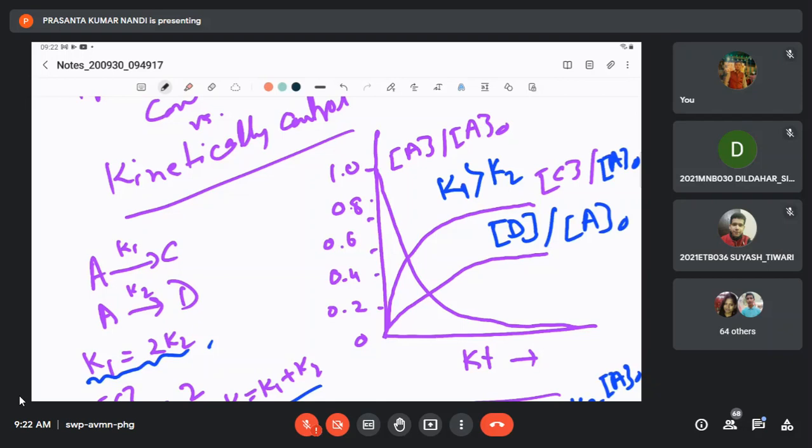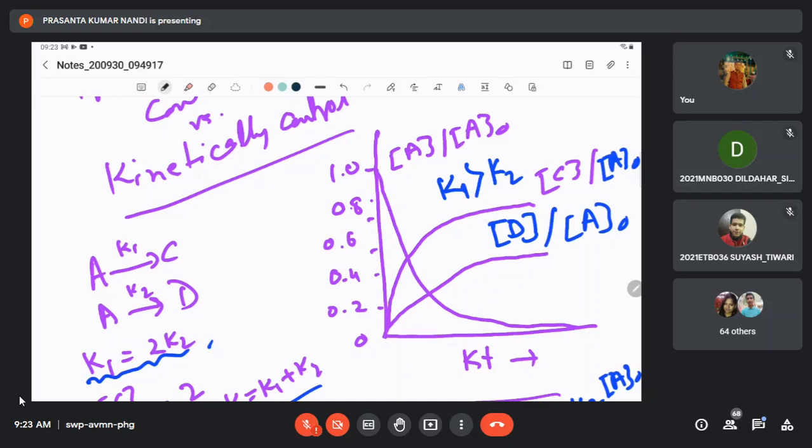Now, if you plot the concentration of reactant A by A0, it will follow an exponential decay, as in the first order kinetics, you see, it appears like this. Steeply falls like this. And what about the ratio of the concentration of C by A0? It is given by this plot, the middle plot.